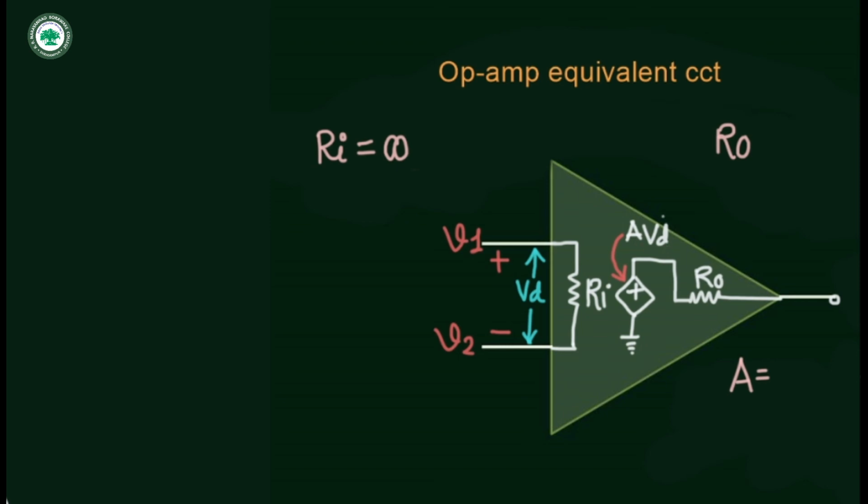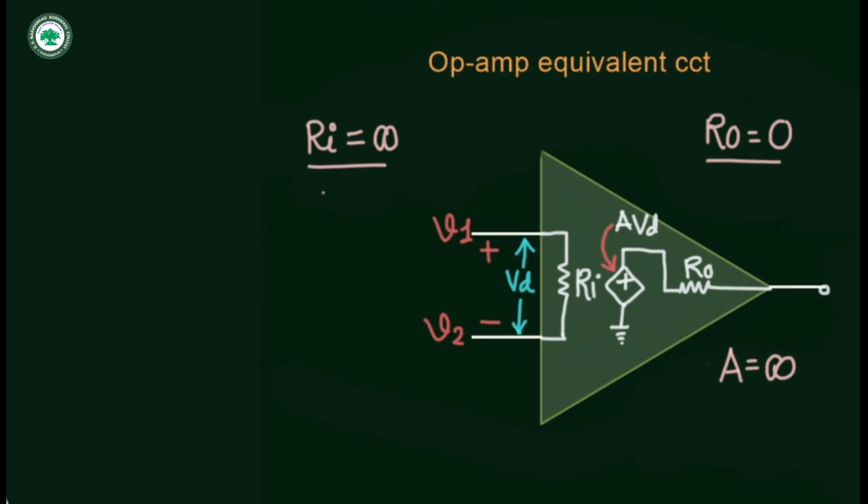So this is the amplifying factor, and that will be the equivalent circuit. So Ri will be infinity theoretically or ideally, and Ro will be 0, and the gain will also be infinity for the ideal operational amplifier.